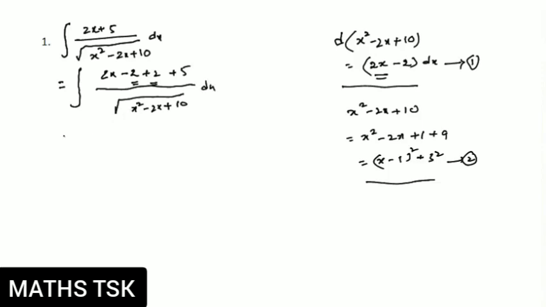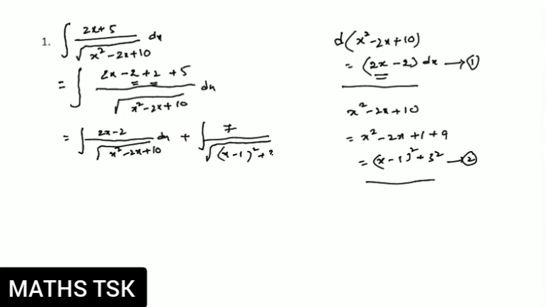Next, I split this integration into two integrations. There is (2x - 2) by root of (x² - 2x + 10) into dx. The second integration is 7 (since 2 + 5 is 7) by root of (x - 1)² + 3², instead of writing x² - 2x + 10.